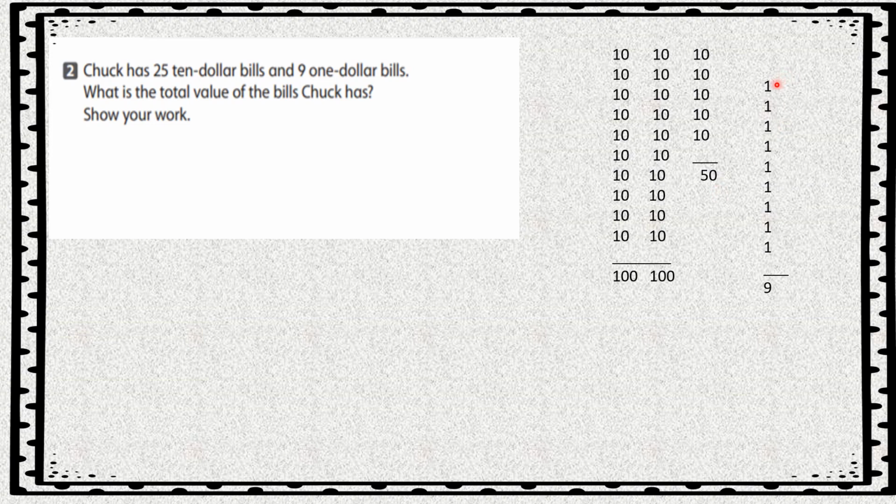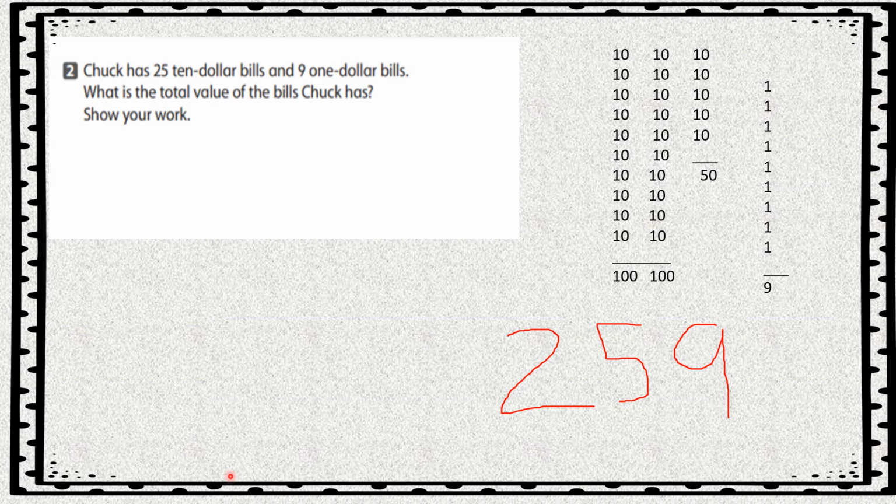Then I needed 9 ones, 1, 2, 3, 4, 5, 6, 7, 8, 9. So 25 tens and 9 ones equals what? 250 plus 9 equals what number? 259. All right?